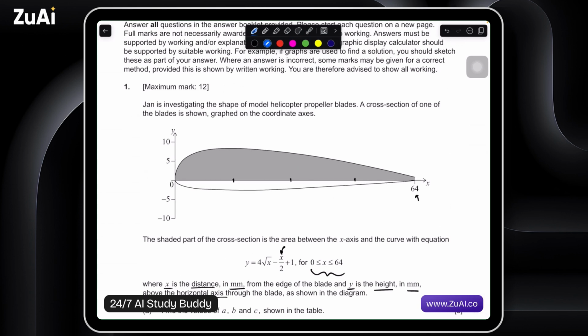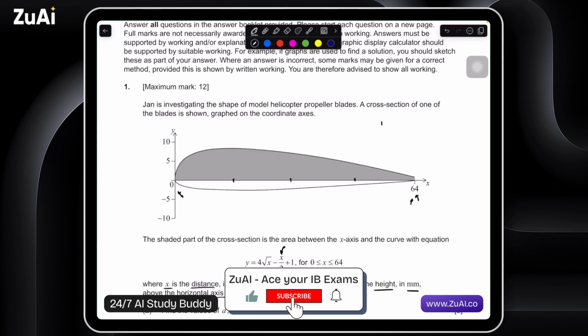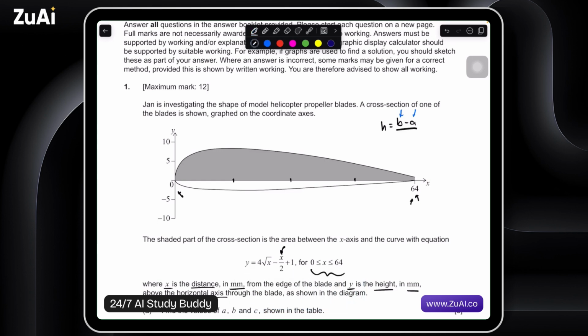They're going to divide it into 4 equal sections, 1, 2, 3, 4, and h is the size of each of those intervals. So if we're going from 0 to 64, our formula for h is equal to b minus a. Remember where we said in our original function, b was the endpoint, a was the starting point. B minus a over n. N is the number of intervals.